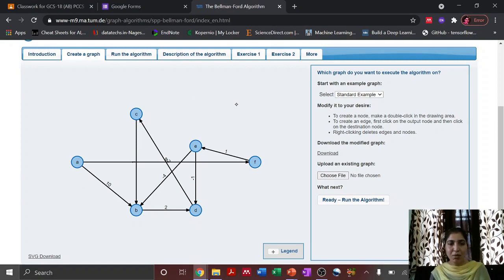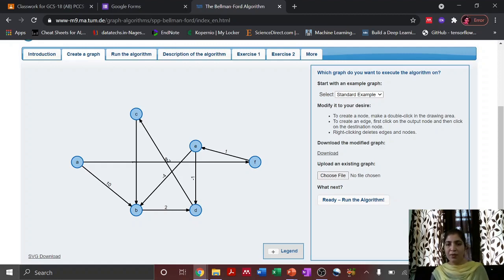Okay, so this is the same graph which I showed you in the presentation. I have created it here on www-m9.ma.tu.de, so you can create any graph here and run the Bellman-Ford algorithm. I have created the same graph, except that here I have nodes A to F, A, B, C, D, E, F, and in that graph I have nodes S, then A, B, C, D, E. So it means A is S and B is A and so on.